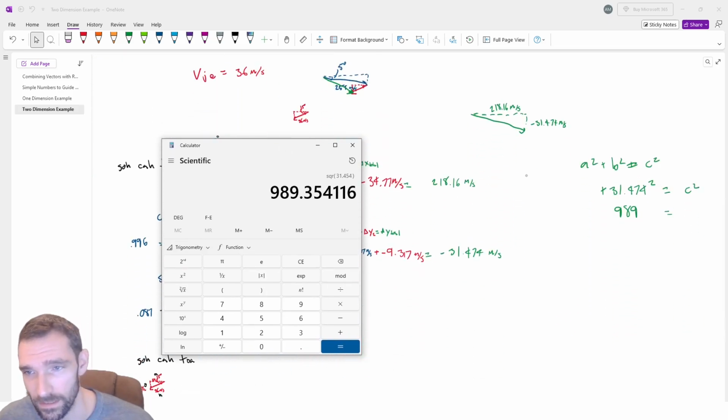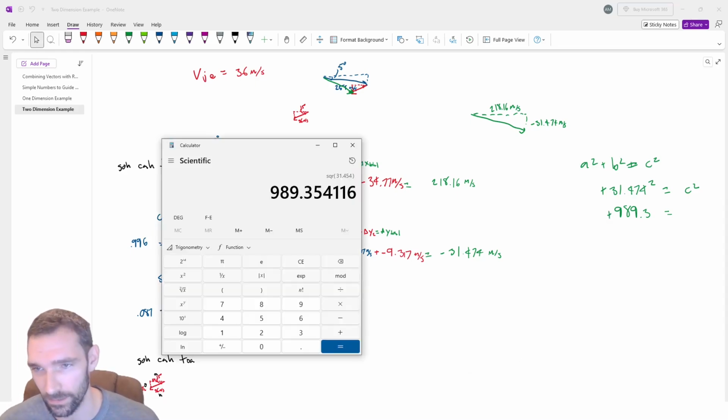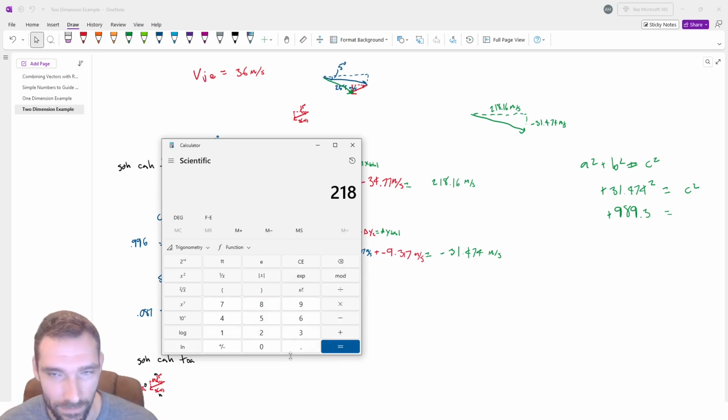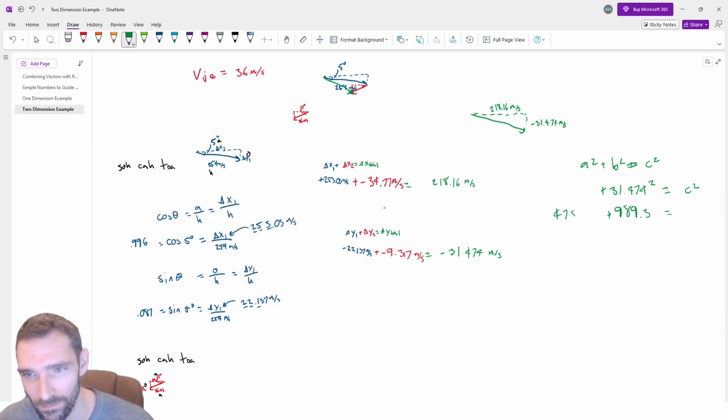So if we have another extra 1 or 2 sig figs on here, that should cover us with plenty of accuracy for what we're working with. Let's go to that 218 number. That's going to be pretty big. Square that. Yeah, 47593. That's definitely a pretty big number.